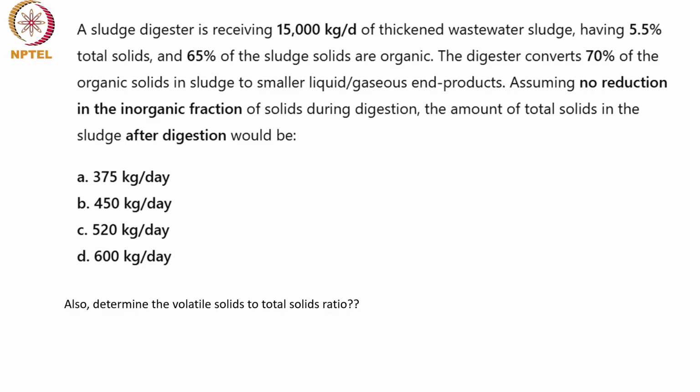This is the mass of the total sludge, and in this sludge we have water and solids, and in solids we have inorganic or fixed, and then the organic percentage or the volatile.